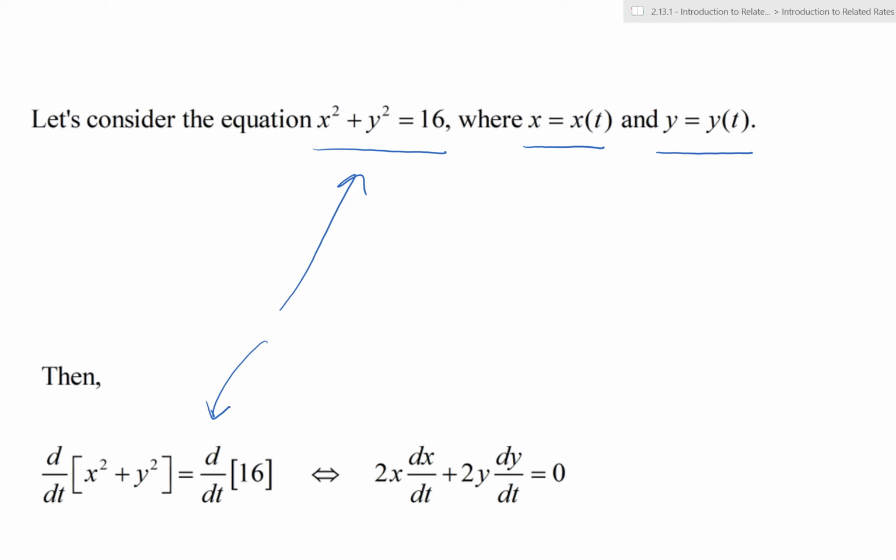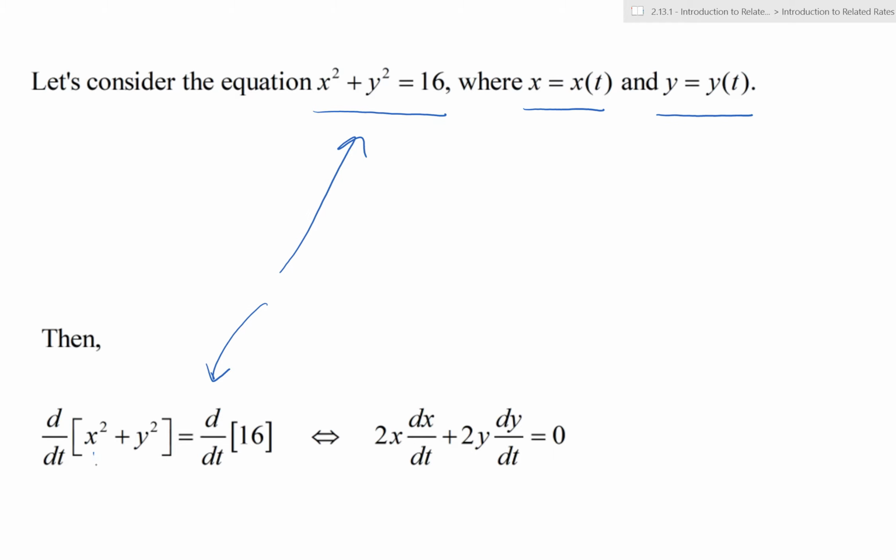Because both x and y are functions of t, I have to apply the chain rule to both x squared and y squared. x squared is the same as x of t squared, and y squared is the same as y of t squared. So when I differentiate each with respect to t, there's a chain rule involved with the general power rule.